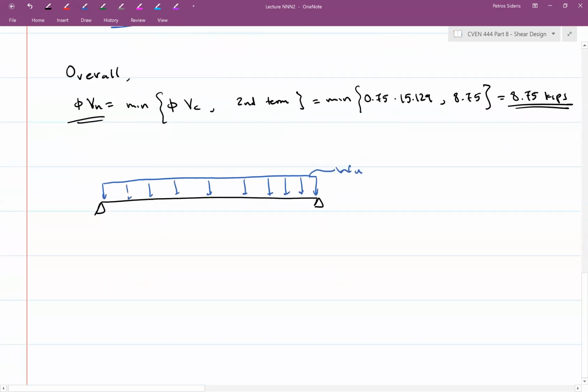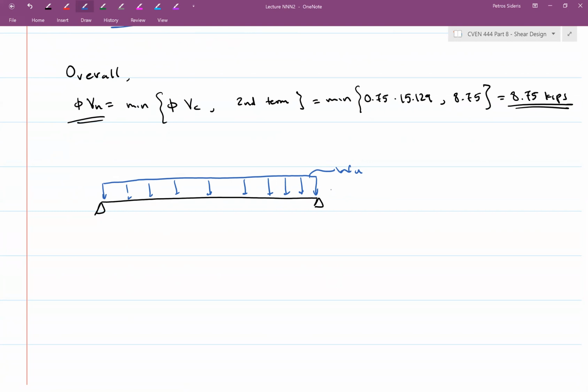And because of that, you have a shear force diagram. You try to find the maximum ultimate W that can be supported by this beam that has only some longitudinal reinforcement and no shear reinforcement.